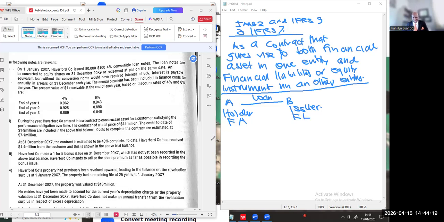Second illustration, we have C makes a credit sale to company D. In the books of C, you treat D as a receivable.